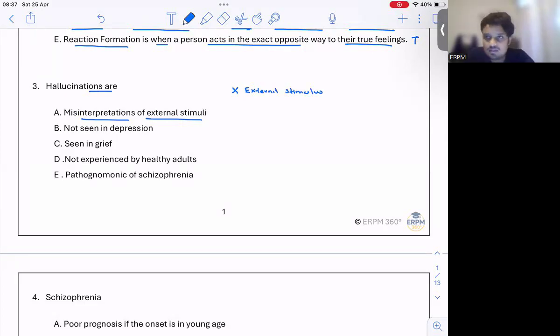You see something when it's actually not there. That's hallucination. Misinterpretation of external stimuli is what we call illusion. So there's actually an external stimulus, but you misinterpret it. That is illusion. So that is false.